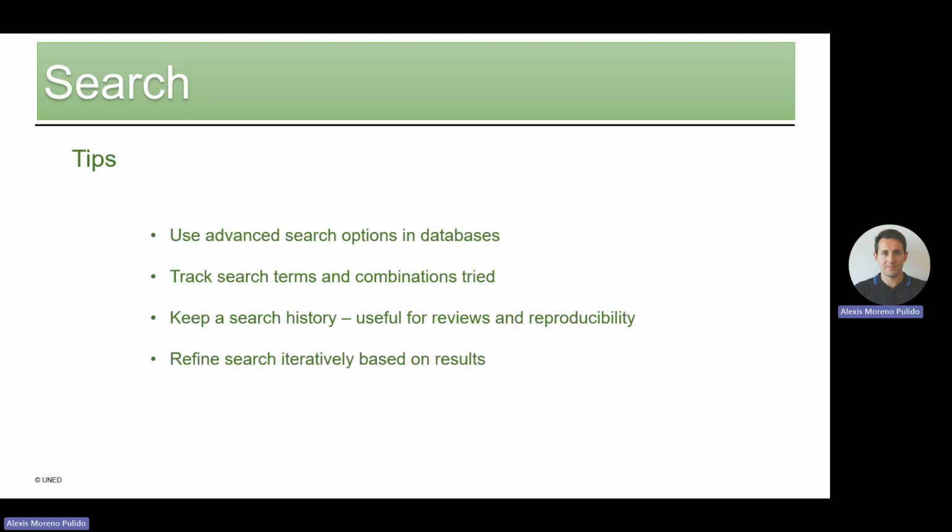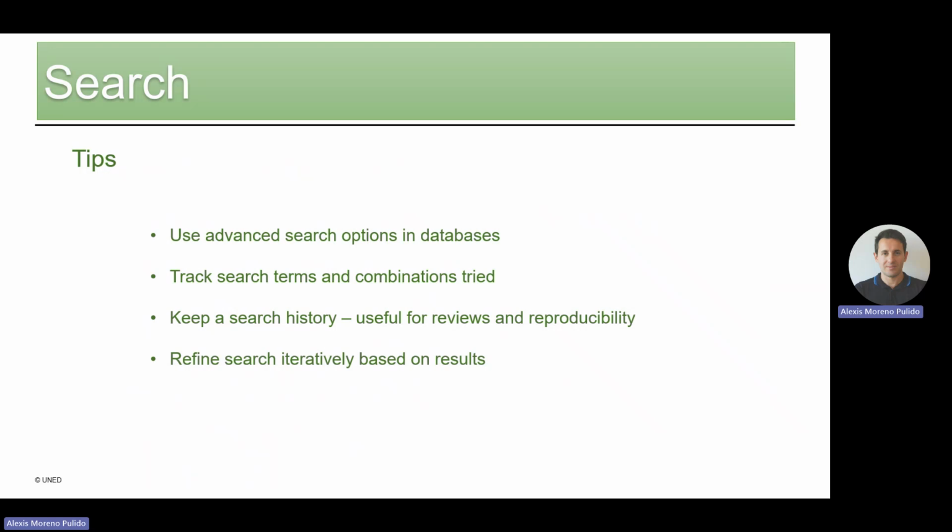When conducting a literature search, take full advantage of advanced search options provided by academic databases. These tools allow you to specify where terms should appear: title, abstract, author fields, and apply filters such as date range, document type, or subject area. It's also important to keep track of the keywords and combinations you have used, as literature searches are often iterative.